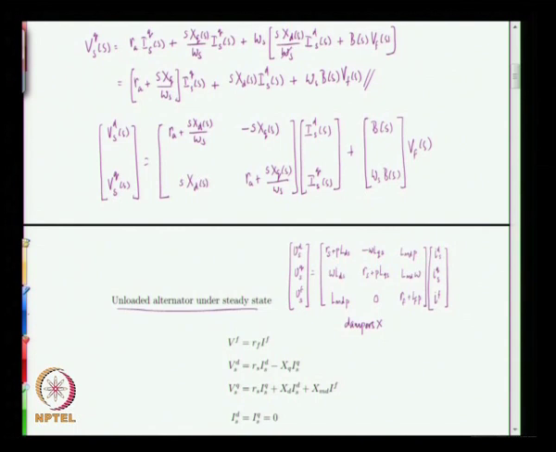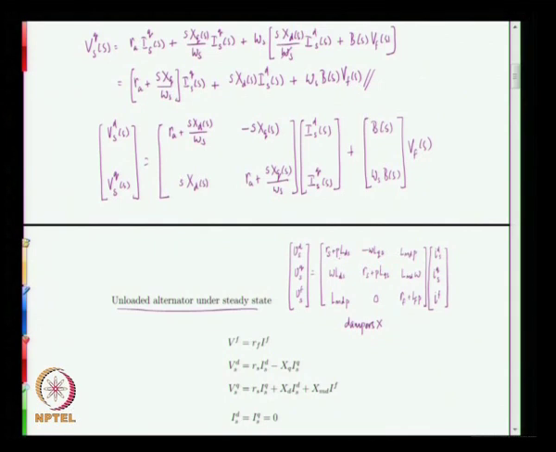When we are looking at steady state, please note that these equations are in the synchronous reference frame, and in the synchronous reference frame under steady state all the terms Id, Iq, If, Vd, Vf are DC terms, and since they are DC, the derivative of a DC term goes to 0.